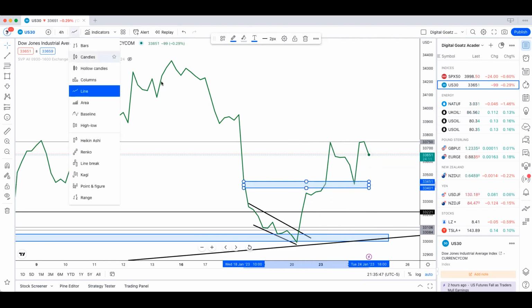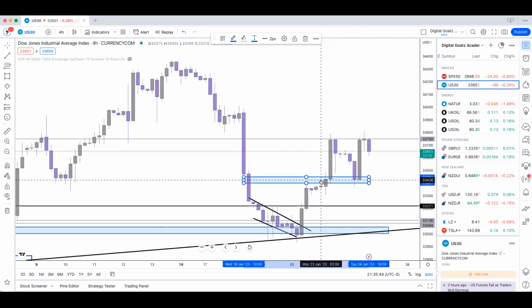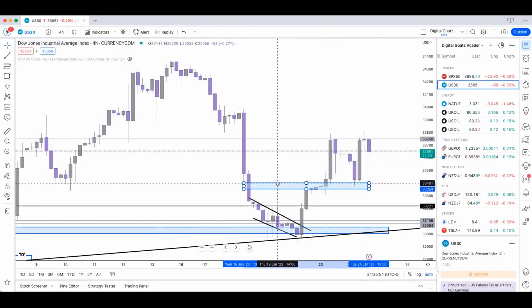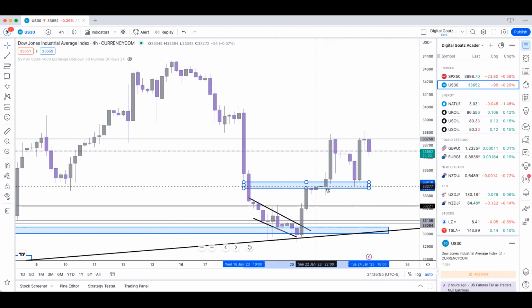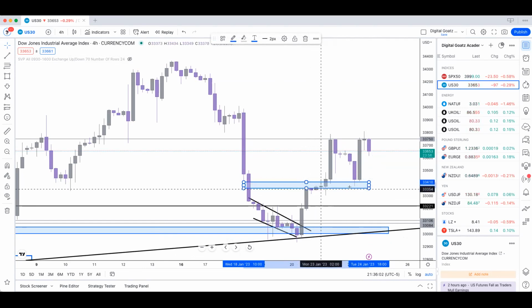So turn it back to candles, and you'll see structure, a wick right here, a wick to the downside. And really, the market retested back into consolidation. This was a shallow channel of consolidation, but it retested back into that, pushing the market up.